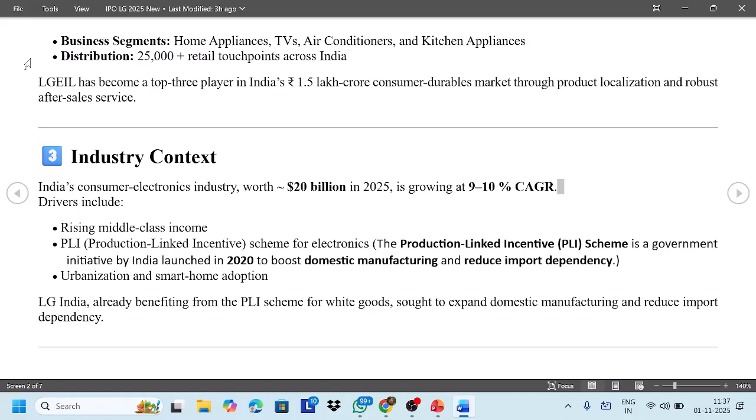Its peers are Whirlpool India, Voltas Limited, Blue Star, and Dyson Technologies. Each company's revenue is also given. Which company has the highest revenue? LG only, which is coming with an IPO, was the highest in terms of the top line.